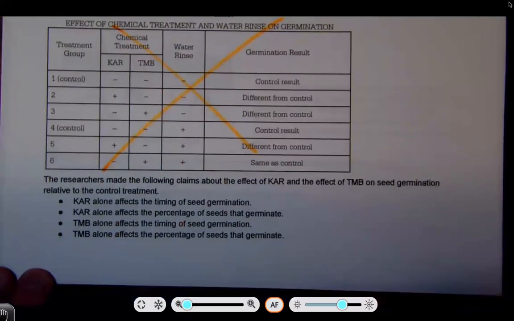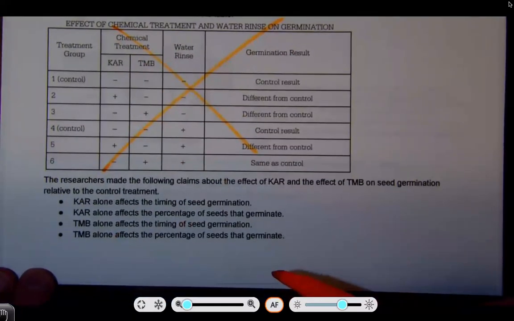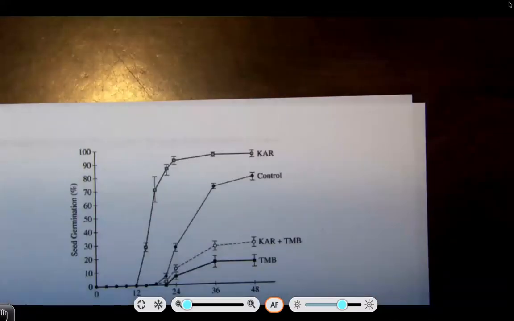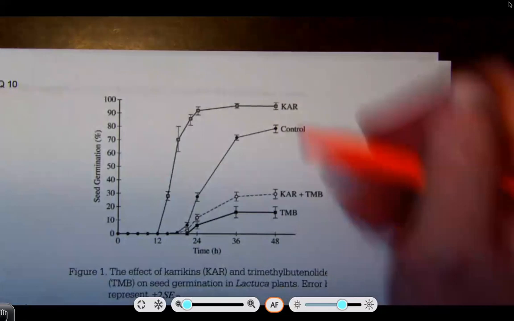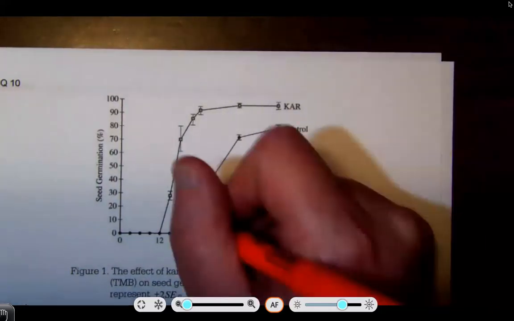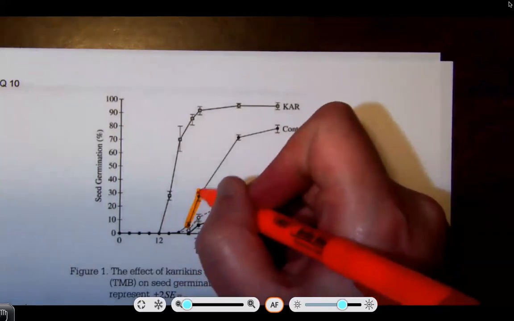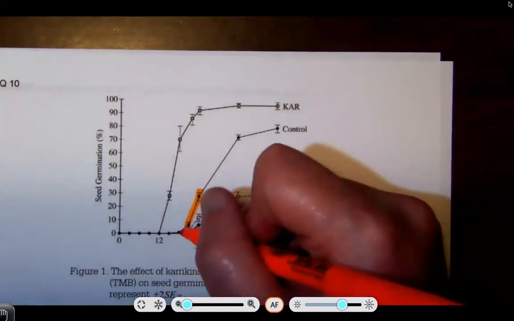Instead, we just look at it and say, okay, KAR alone affects the timing of seed germination compared to the control treatment. Well, we look at our graph. Here's our control. This is when germination starts to take place, so it starts to pick up here.